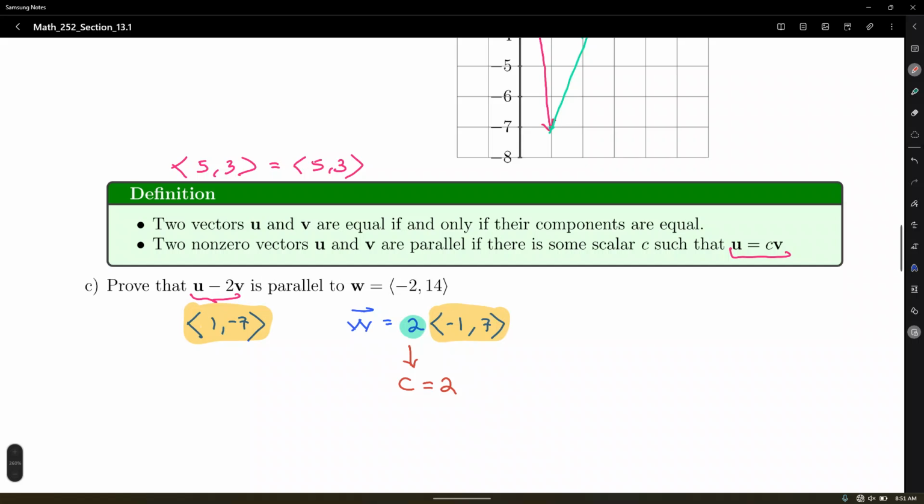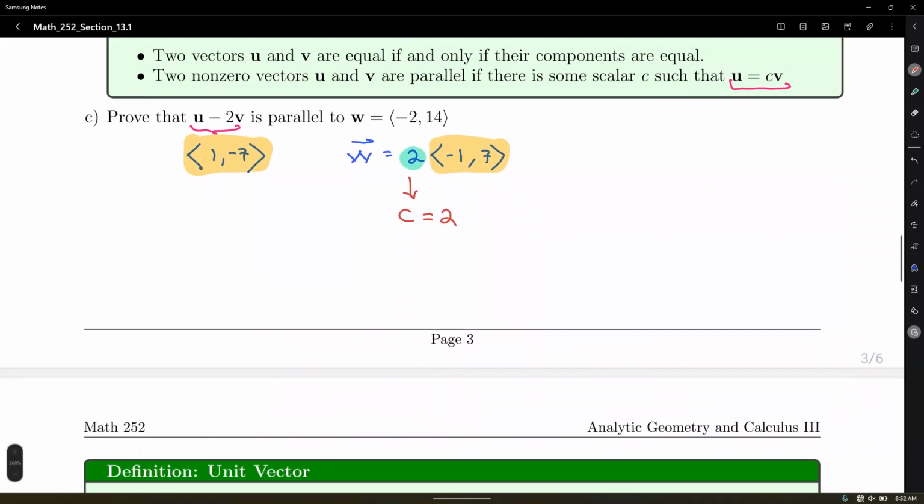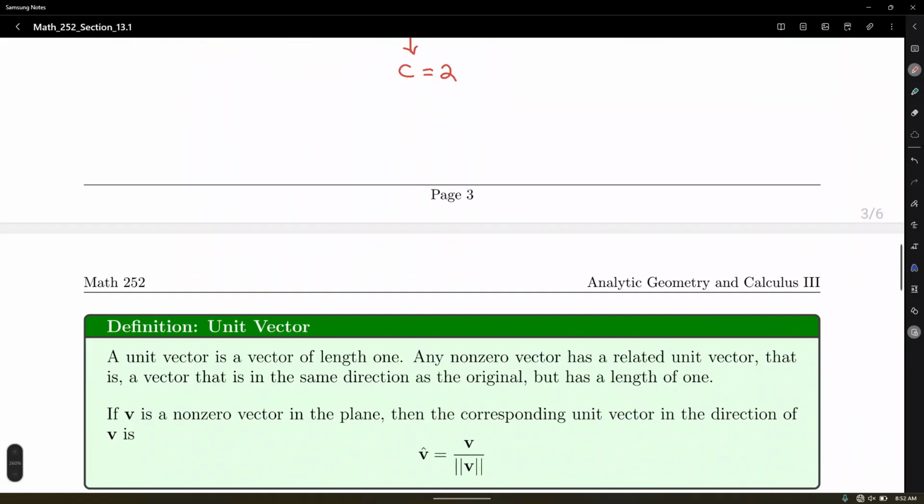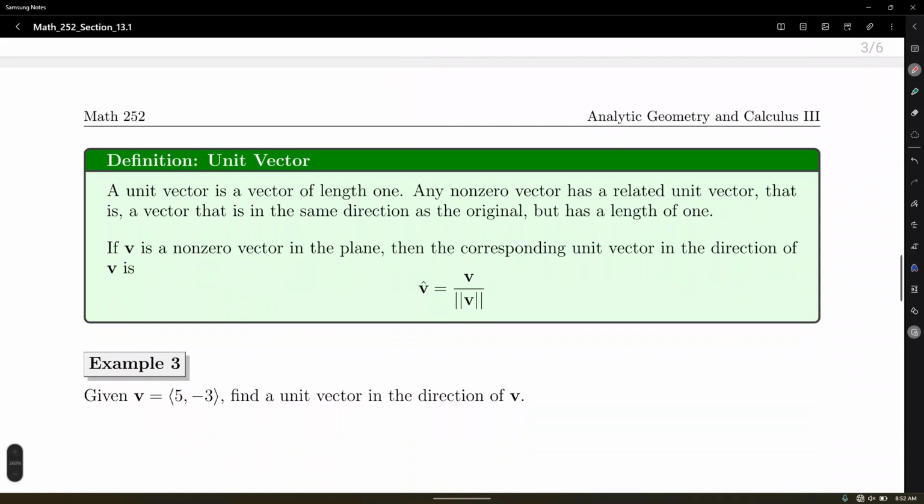It's going in the opposite direction because it has the signs flipped. So it's still parallel but double in magnitude in the opposite direction. Those two vectors are never going to cross.